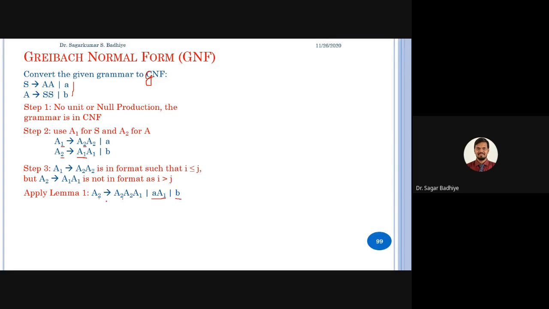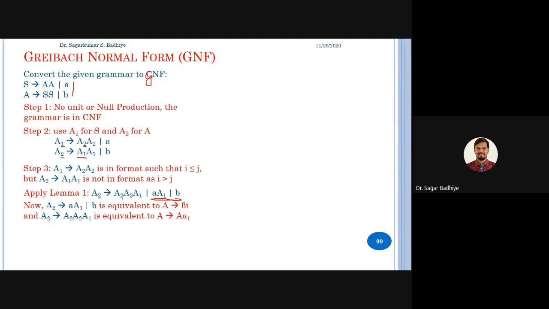Here you can see that this A2 derives to A2, and there is a single rule for A2. So we'll be applying lemma 2 over here. A2 derives to A1 and A2 derives to B, these two rules will become beta rules, and this will be the alpha rule for lemma 2, right? Like this. So here A2 derives to A1 or B.